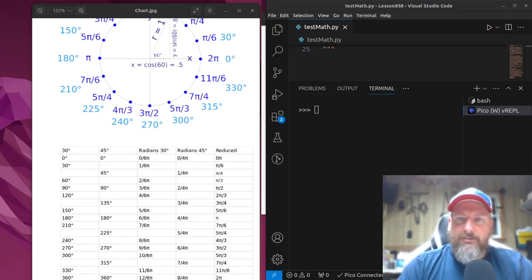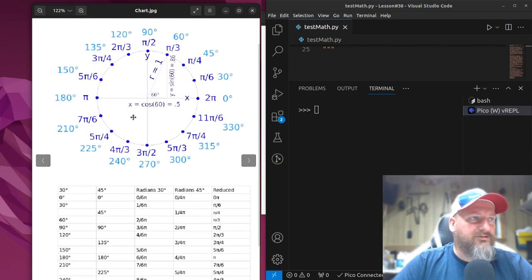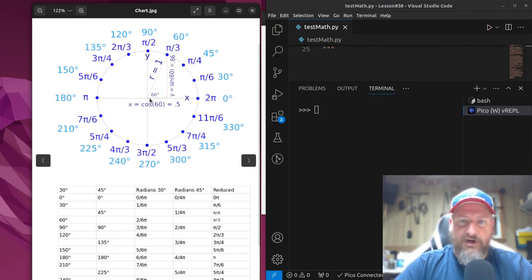We're going to learn about sine, cosine, and tangent of a circle. First, we need to know what a sine, cosine, and a tangent is. You can see over here, on one part of my screen, is a circle. And inside the circle, we put the x and y axis. Inside the middle of the x and y axis is the origin, which is right in the center of the circle.